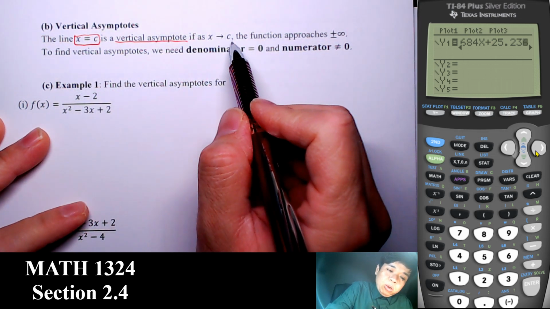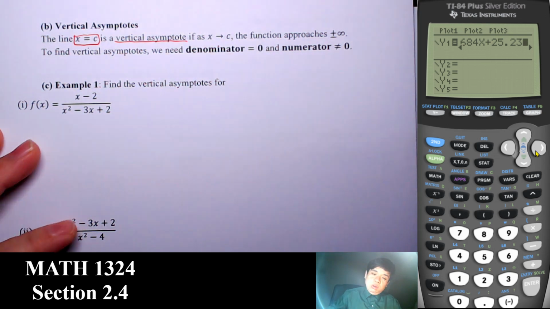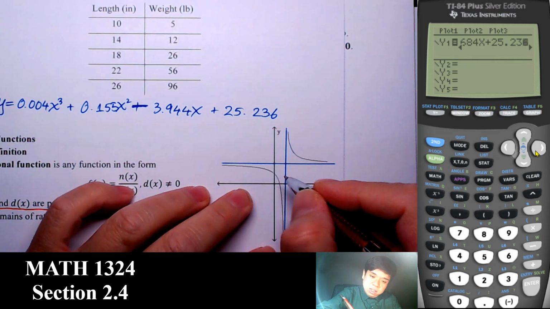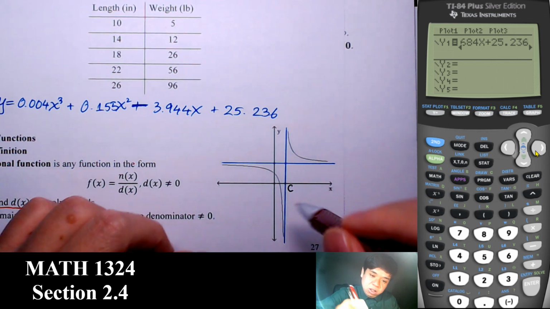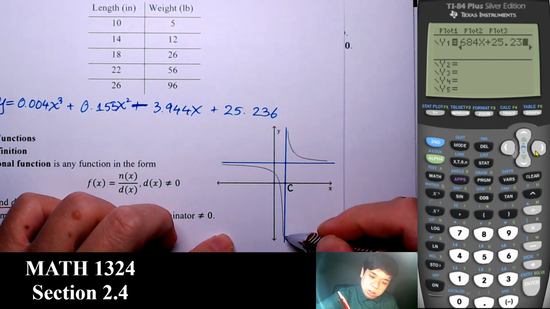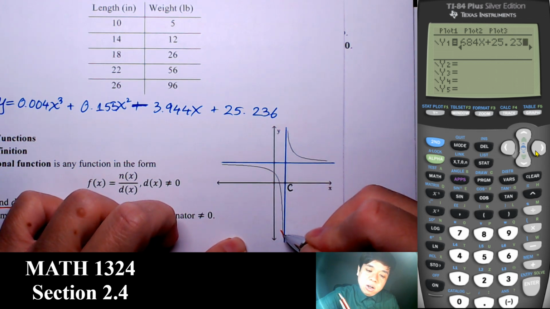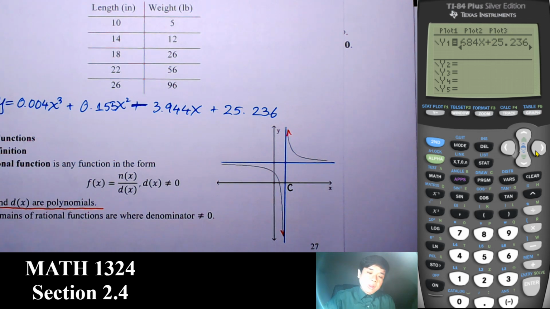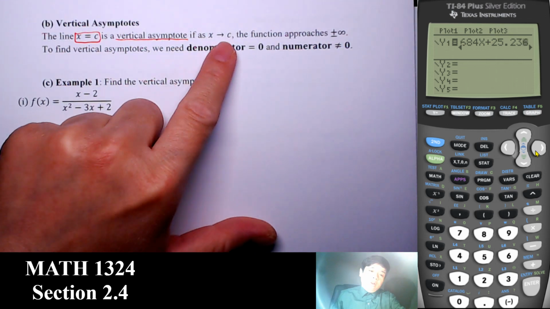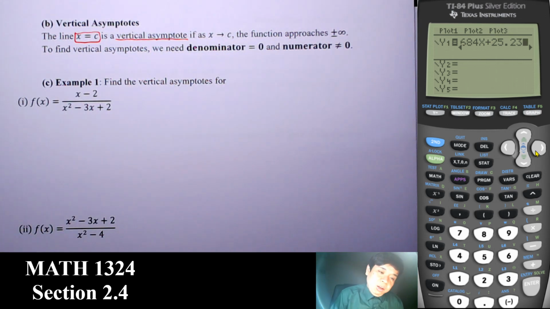When x approaches that number, the function approaches infinity. So in this case, this is going to be c, because when x goes to c, the function approaches infinity or negative infinity.